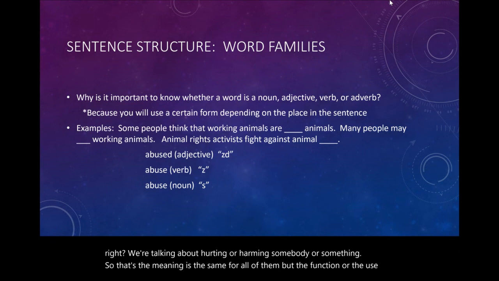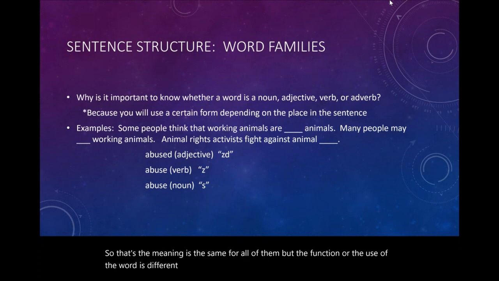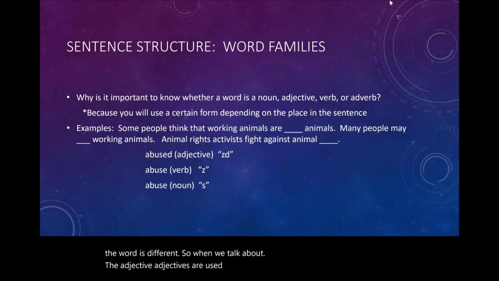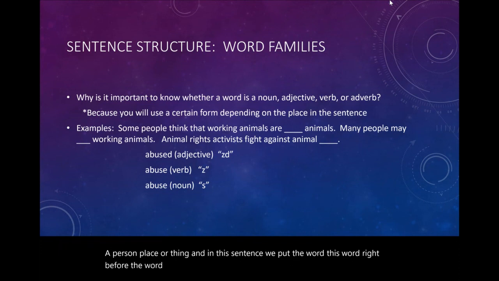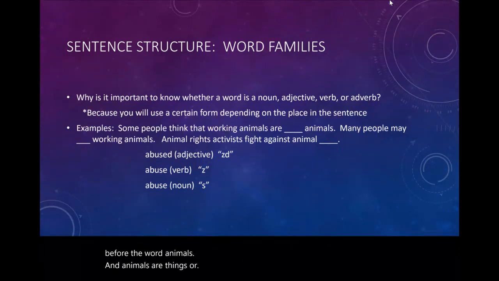So when we talk about the adjective, adjectives are used to describe a person, place, or thing. And in this sentence, we put this word right before the word animals. And animals are things or living things. So we want to describe these things.